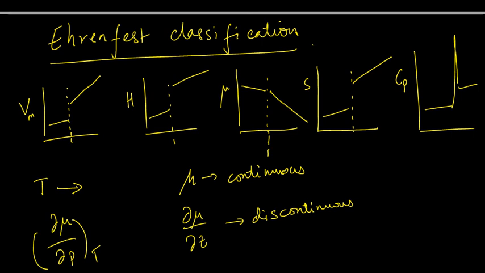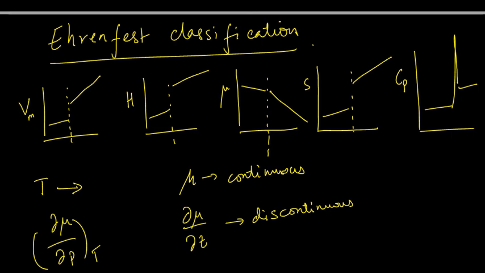Volume is with respect to pressure. H is again with respect to temperature, because I could define this as mu plus Ts, and S is equal to minus del G by del T at constant pressure. This is with respect to temperature.